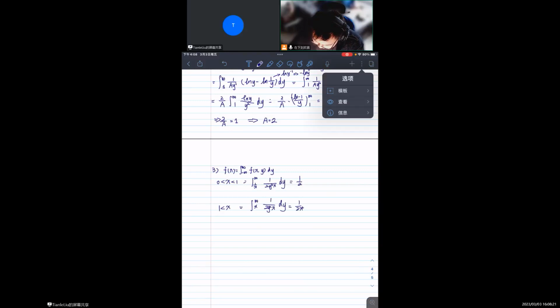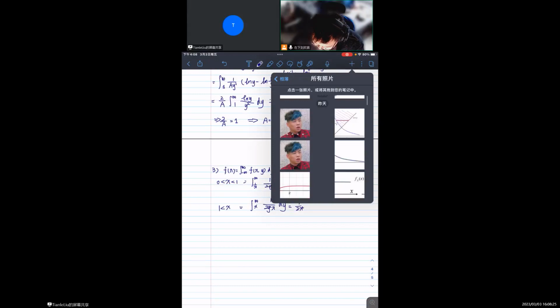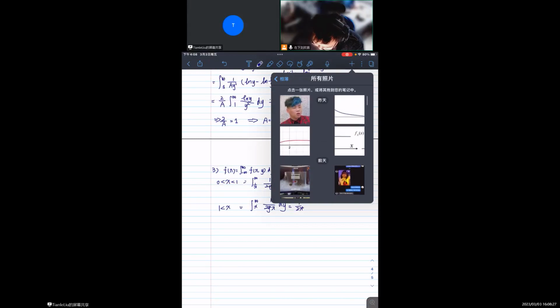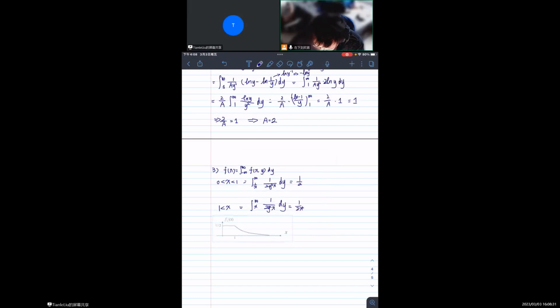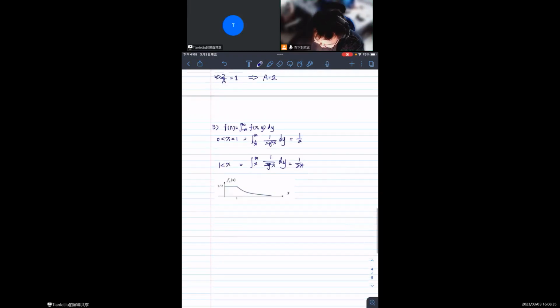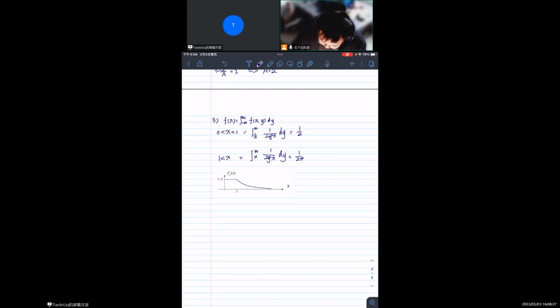By the clue, the graph should be this one. Okay, so that's it for f_X. It's much easier to do f_Y because we already have the limits for y.